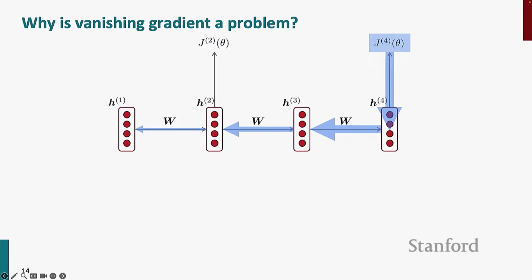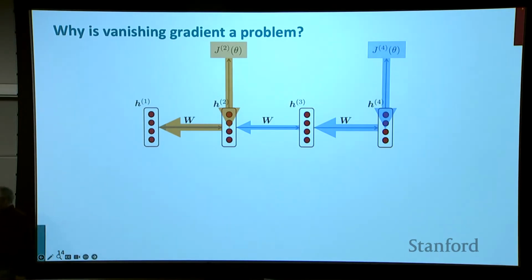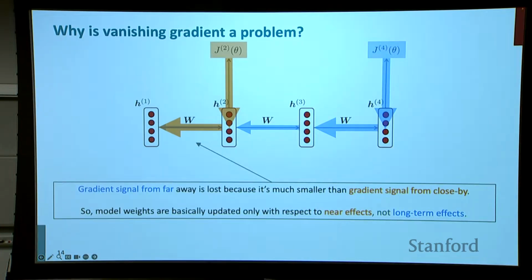If you're looking at the loss from a later position and comparing it to the loss from an earlier position, the update is primarily being determined by the very nearby loss and not by the far away loss. The gradient signal from far away is much, much smaller.